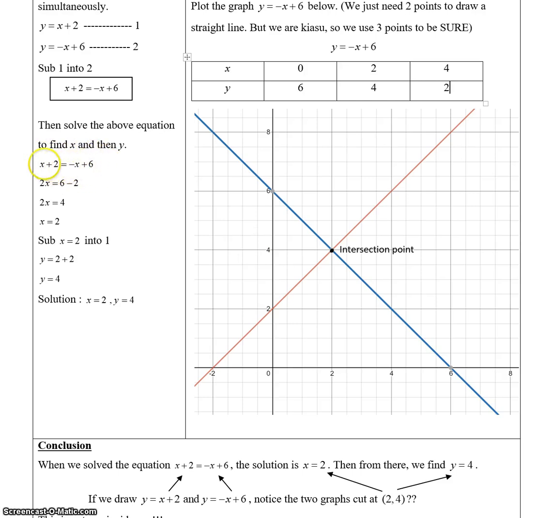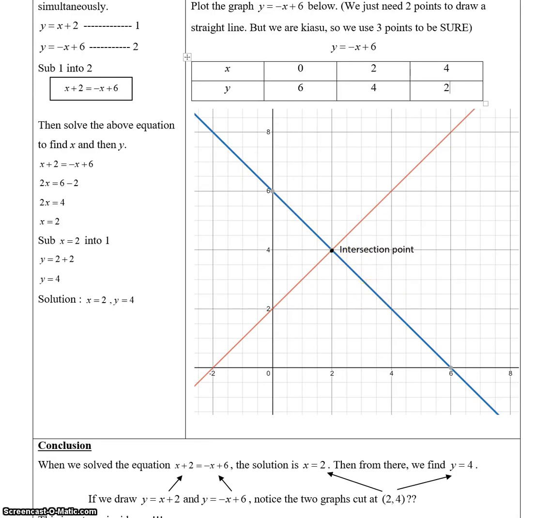When I solve the red line equal to the blue line, you notice that the answer is actually 2, 4. And this point over here is also 2, 4. That is actually the intersection point between the red graph and the blue graph.